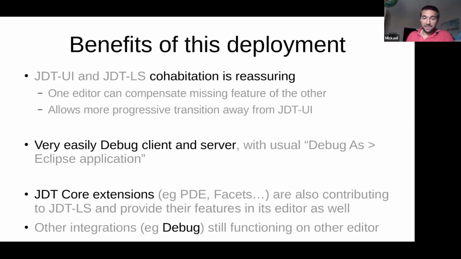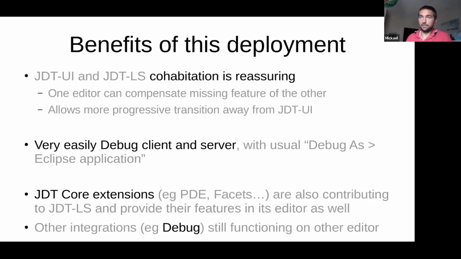A very strong benefit that I show in the demo is that we have all extensions to JDT core, usually something like class path extensions from plugin development and facets. Everything that extends JDT core also extends JDTLS. So it means that if you install only Eclipse IDE with JDTLS and don't have JDT UI, but you install PDE core, then you can do plugin development without PDE UI.